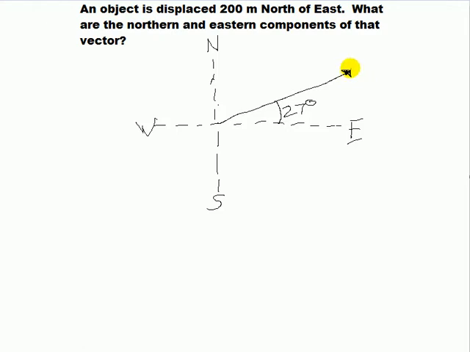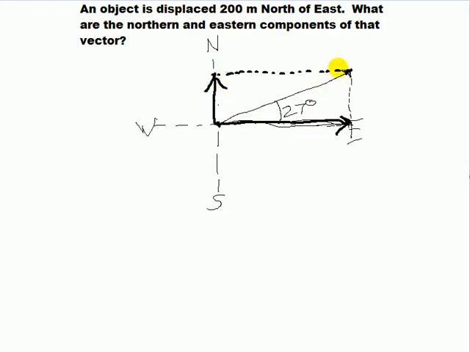The component on the eastern side, which we often might say is the horizontal component, would be drawn from the origin out to where this diagonal line comes down from that corner, and then this would be our northern component, or in a lot of cases our vertical component.